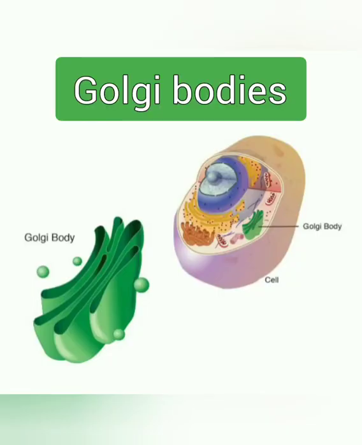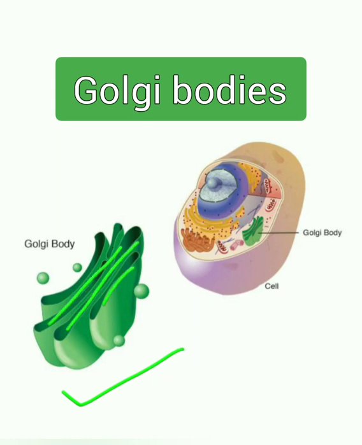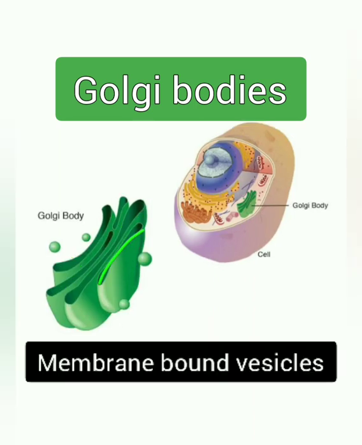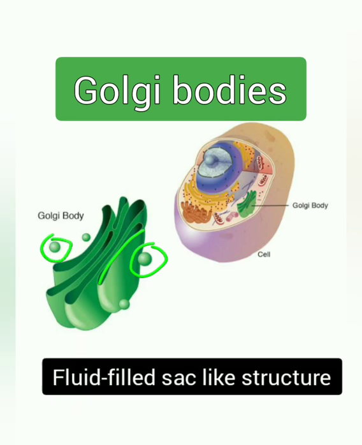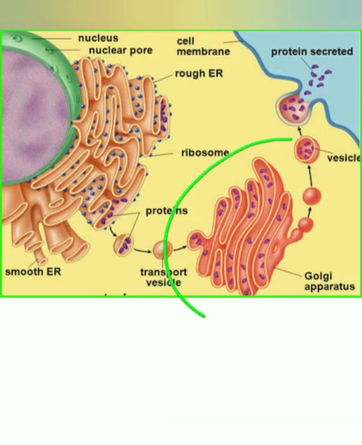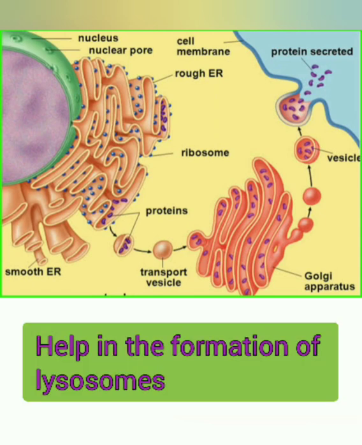Next is Golgi body. These are stacked, means they are present one over the other, flattened and membrane bound vesicles. So vesicle means fluid filled sac like structures. So the Golgi bodies are involved in the packaging of substances such as enzymes and hormones, and they also help in the formation of lysosomes.